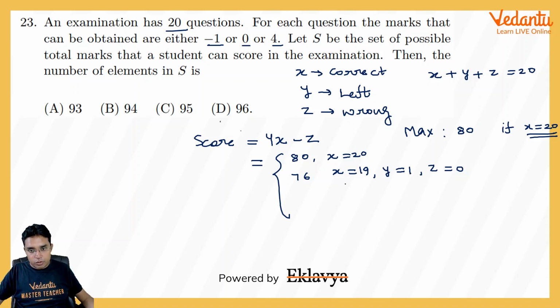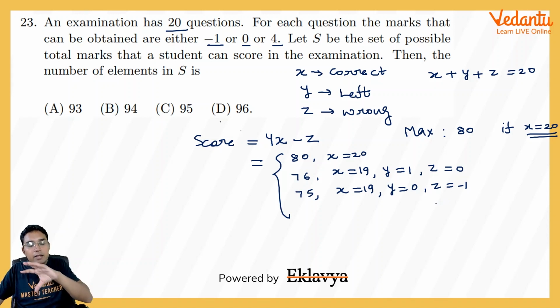What could be the next possibility? I think the next possibility would be that you have done 19 correct, but you have not left one question, rather you have done it wrong. In that case, it will be 75, isn't it? So after 76, we are getting 75. This way it seems it will be a very long question, but very soon you are going to get one pattern and I will tell you the logic also for that.